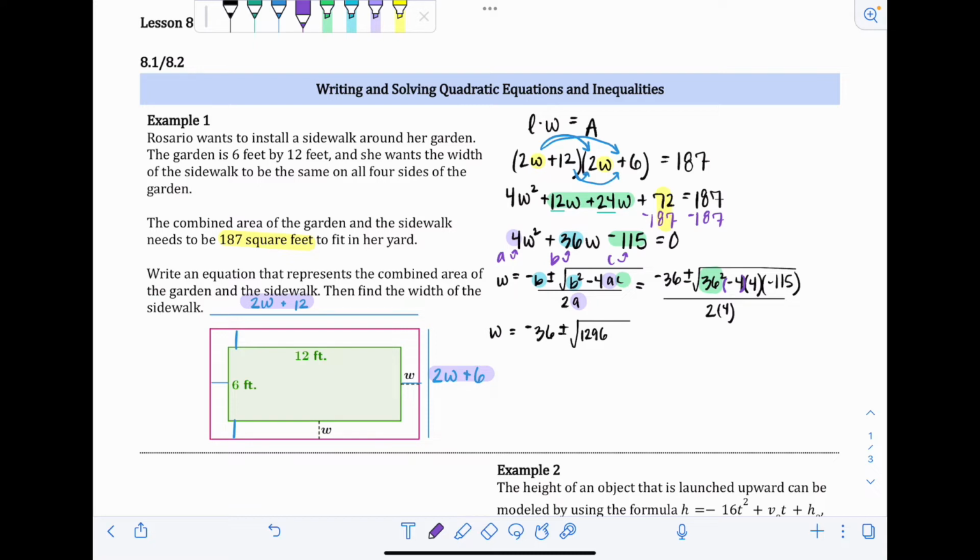So I would do negative 4 times 4, which is negative 16. And then negative 16 times a negative 115, which would turn it positive because it's a negative times a negative. So it would turn into a positive 1,840. And then all over 2 times 4 in the denominator, so all over 8.